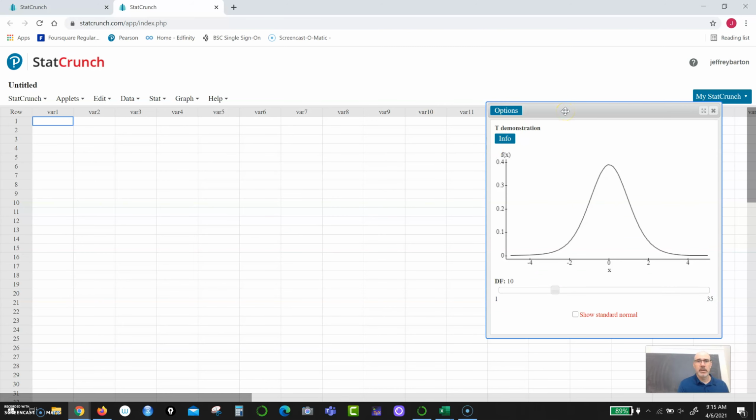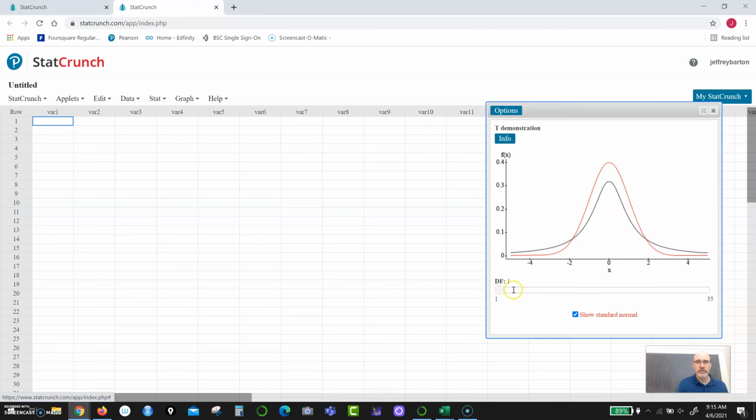So if I click Show the Standard Normal Distribution, and I start with the smallest possible degrees of freedom, that's 1. The black distribution, the shorter one, is the t-distribution with 1 degree of freedom. And so notice that the tails are fatter. That means we have more probability for more extreme results.